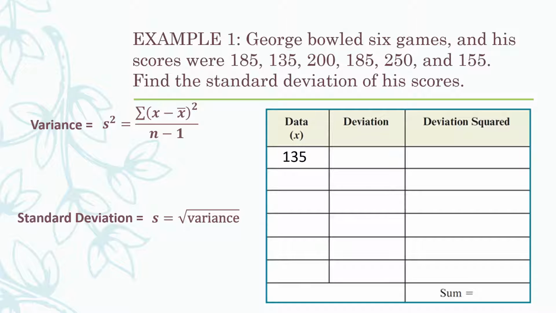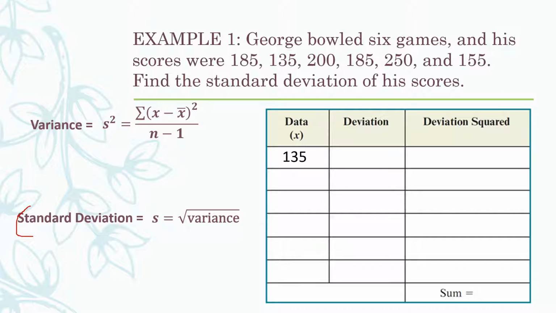Then you're going to take whatever number you find down here, divide it by 5, and that's going to tell you the variance. Now the variance is always going to be a pretty big number, so if you get a really big number, don't be alarmed. That's normal. And then after we find the variance, we're going to move on to the standard deviation formula, which is down here.